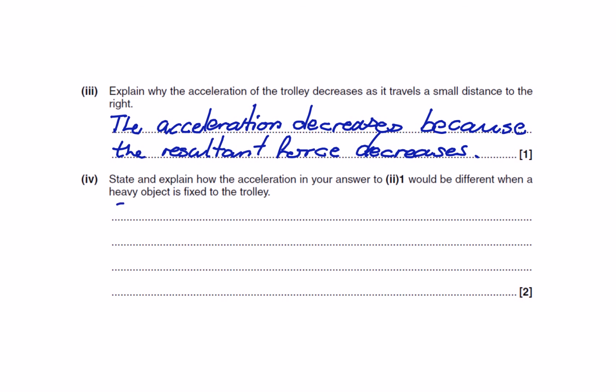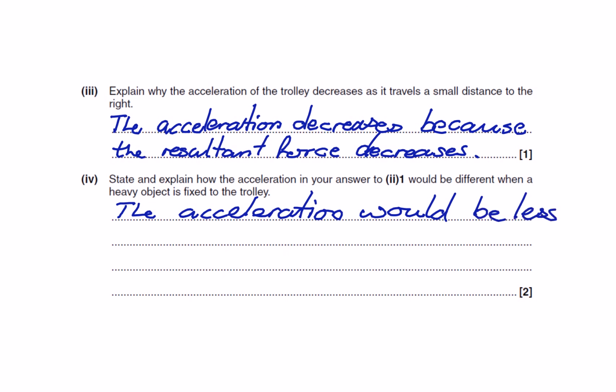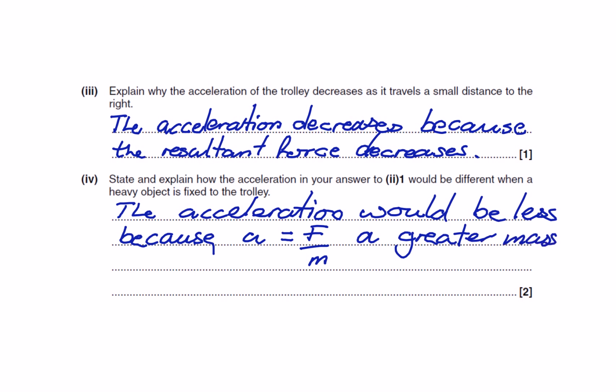I would state that the acceleration would be less, and because now we've got to explain, I would explain that by saying because the acceleration is equal to the force over the mass, a greater mass leads to a smaller acceleration.